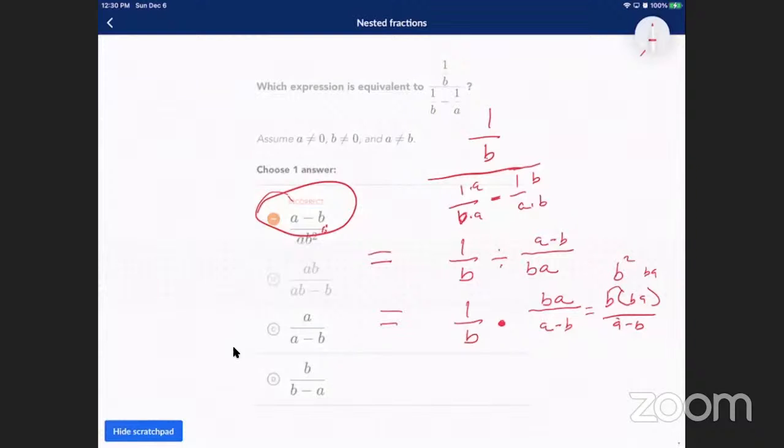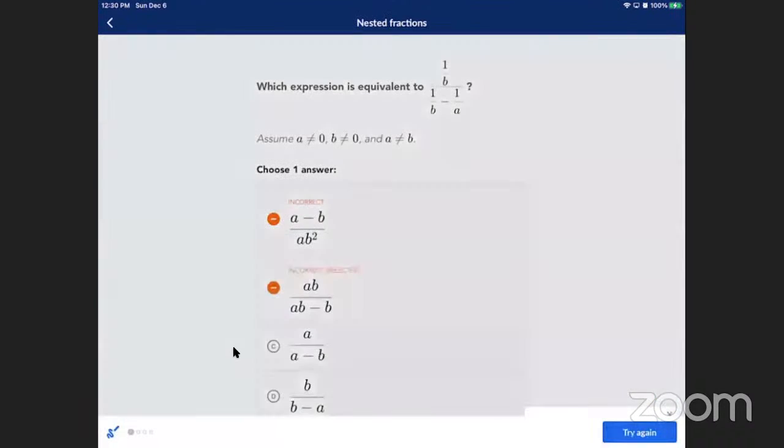All right, let's see what happened. What did I do wrong?